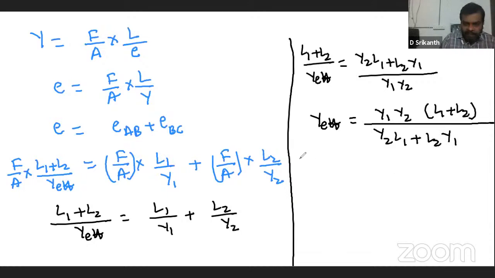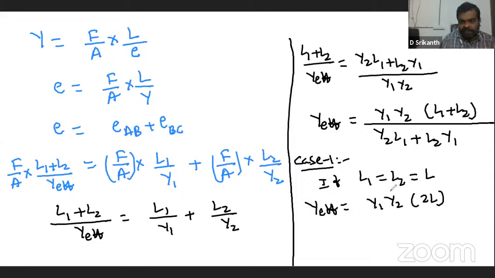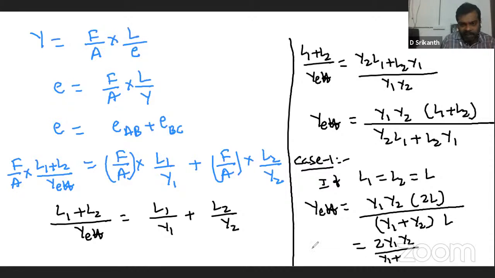Suppose let us consider case 1: if both the wires L1 and L2 are having the same length, then Y effective is equal to Y1 Y2, numerator will be 2L, denominator will be Y1 plus Y2 into L. That is your first application.